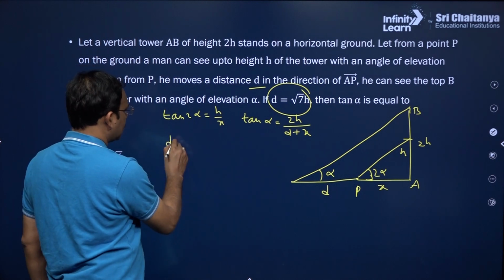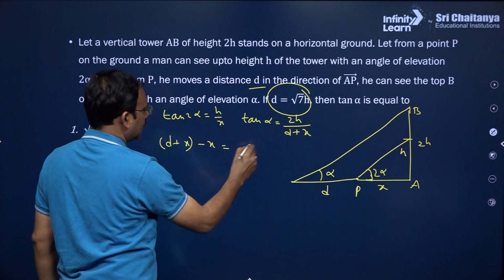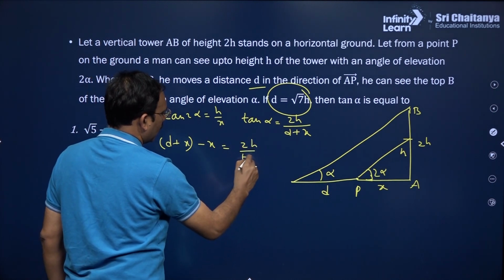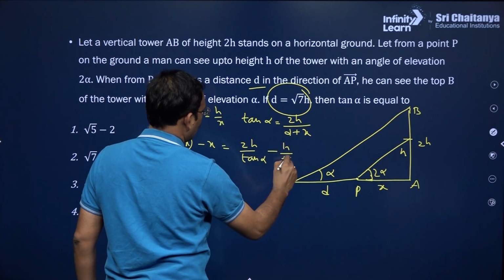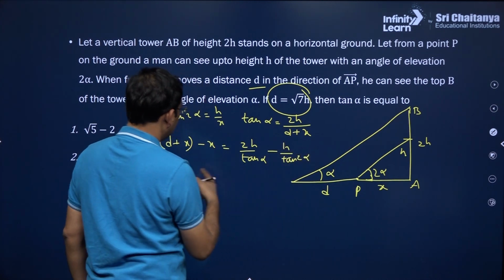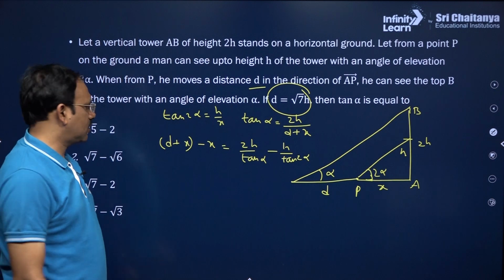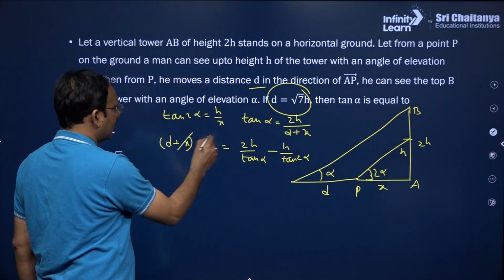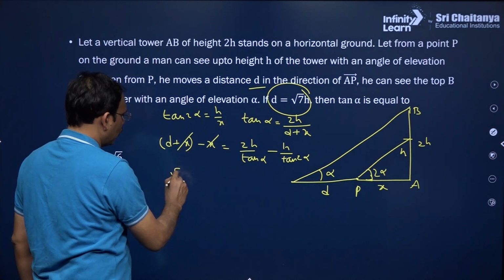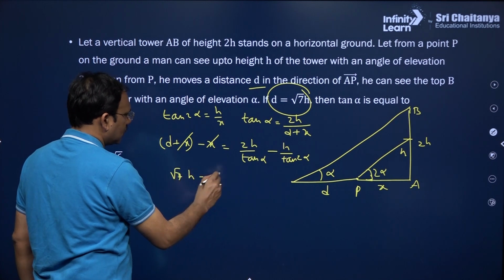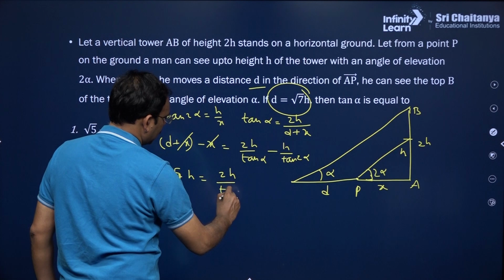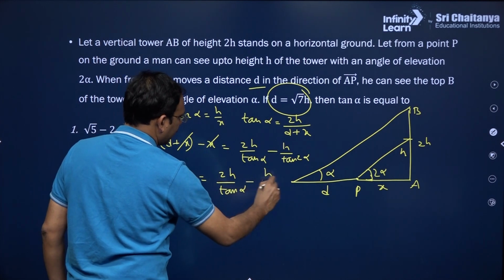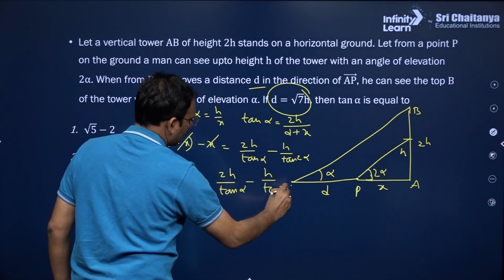So, d plus x minus x is nothing but 2h by tan alpha minus h by tan 2 alpha. Am I correct? This is going to be d. So, d is equal to root 7 h is equal to 2h by tan alpha minus h by tan 2 alpha.